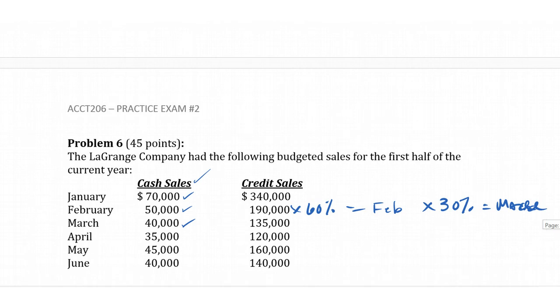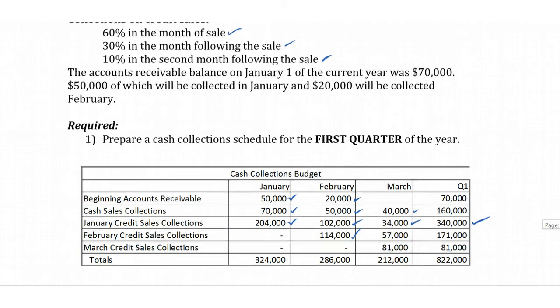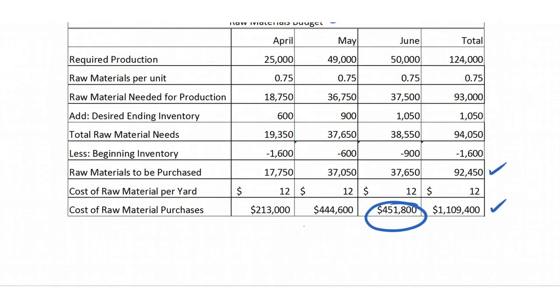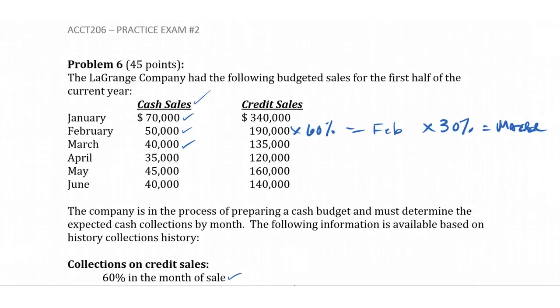We're just doing the first quarter. So that's where we get February and March. And then finally, March, 60% is collected in March, and that's all we're focused on there.